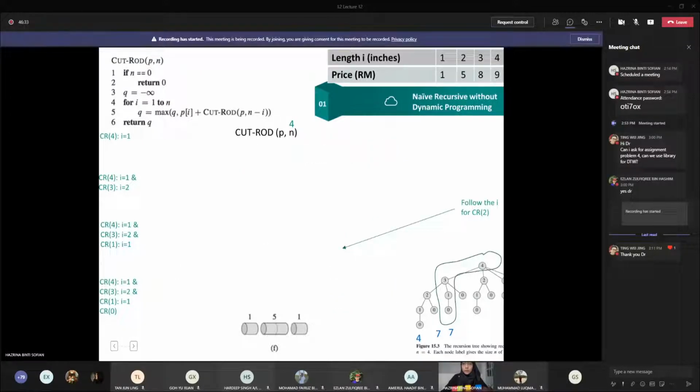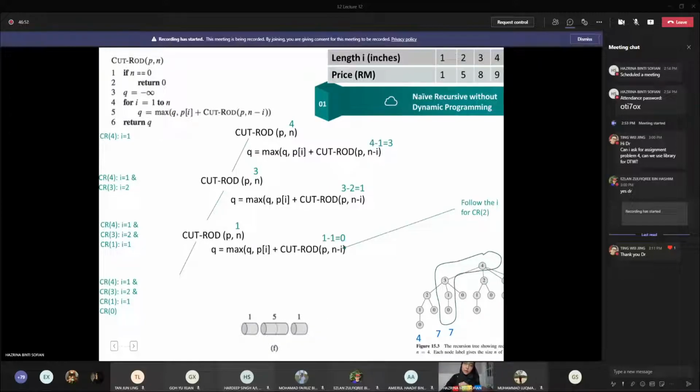Right now in this scenario, firstly our first cut is 1. After that, we cut 2 inches, and then we have 1 inch, and then after that we return.